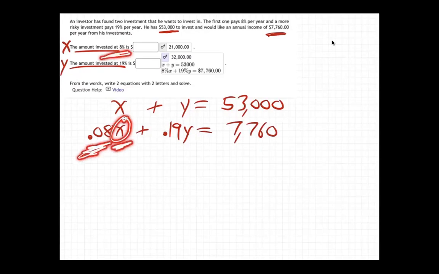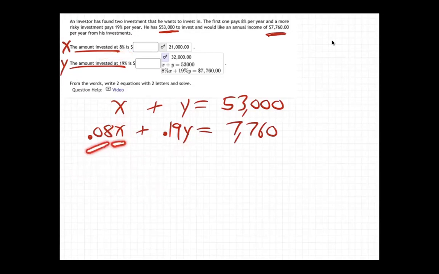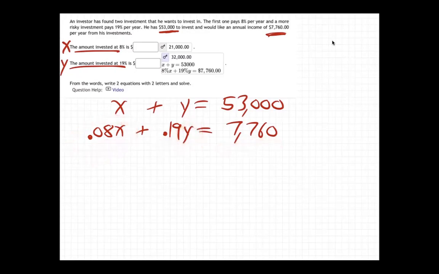So 8% times that amount invested, say it's $10,000, 8% times $10,000 would be $800. Calculate that. So you multiply, that's the amount he's going to get out of that account. 8% times the amount he invested in the first account plus 19% times the second totals $7,760 per year he gets. So there's our two equations.